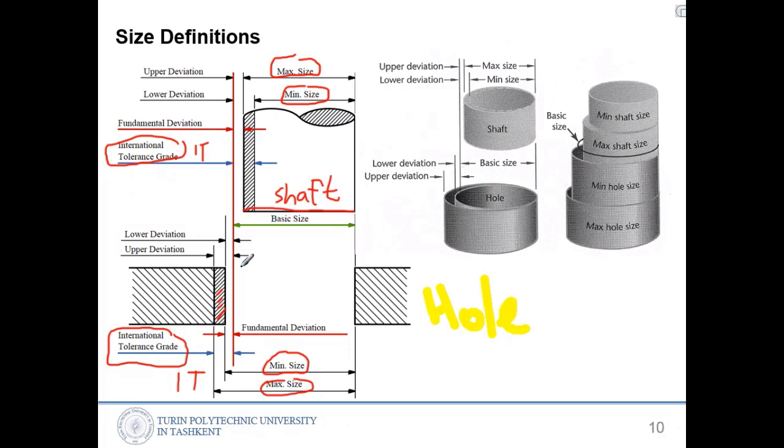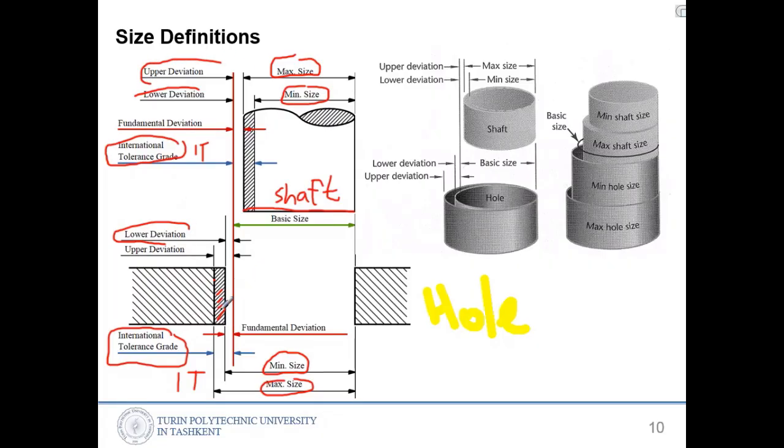The distance between the smallest hole and the basic size gives you the lower deviation, and the biggest hole gives you the upper deviation. For the shaft, the smallest shaft gives you the lower deviation, and the biggest shaft gives you the upper deviation.